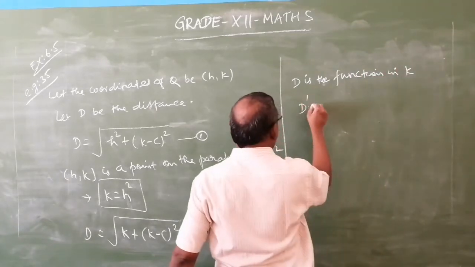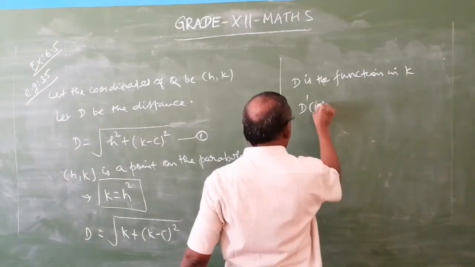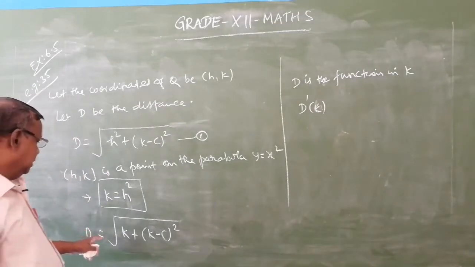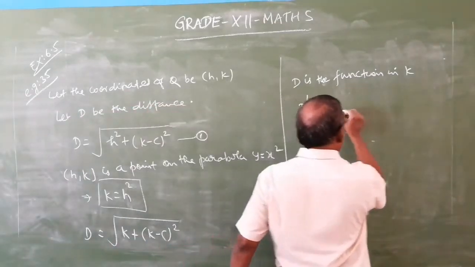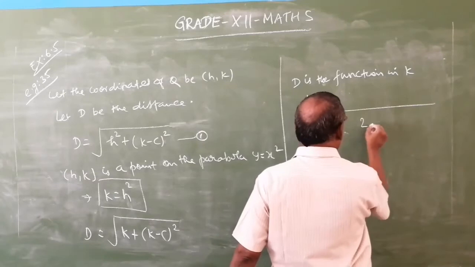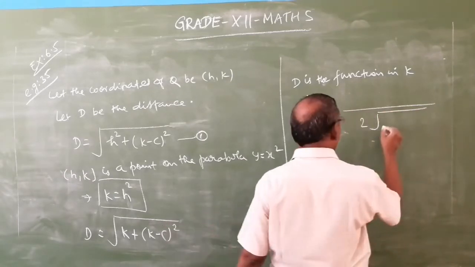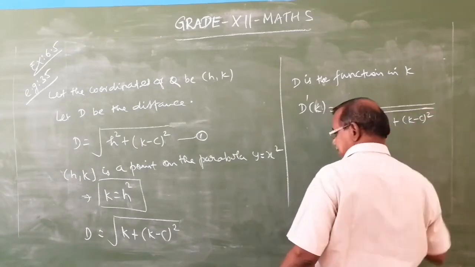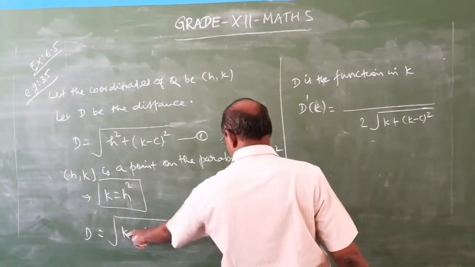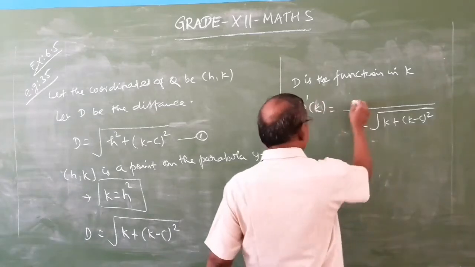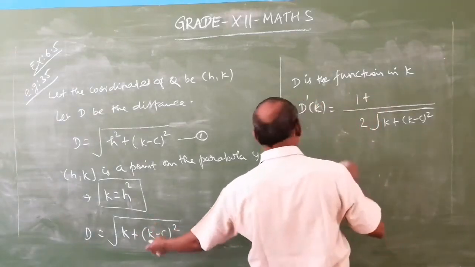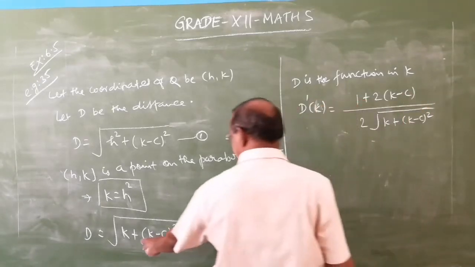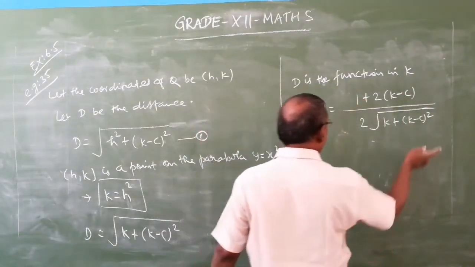Therefore, d dash of k, differentiating d with respect to k, is 1 by 2 root of (k plus (k minus c) the whole square), into the derivative of the part: 1 plus 2 into (k minus c), and differentiating this, 1 minus 0. So this is 1.